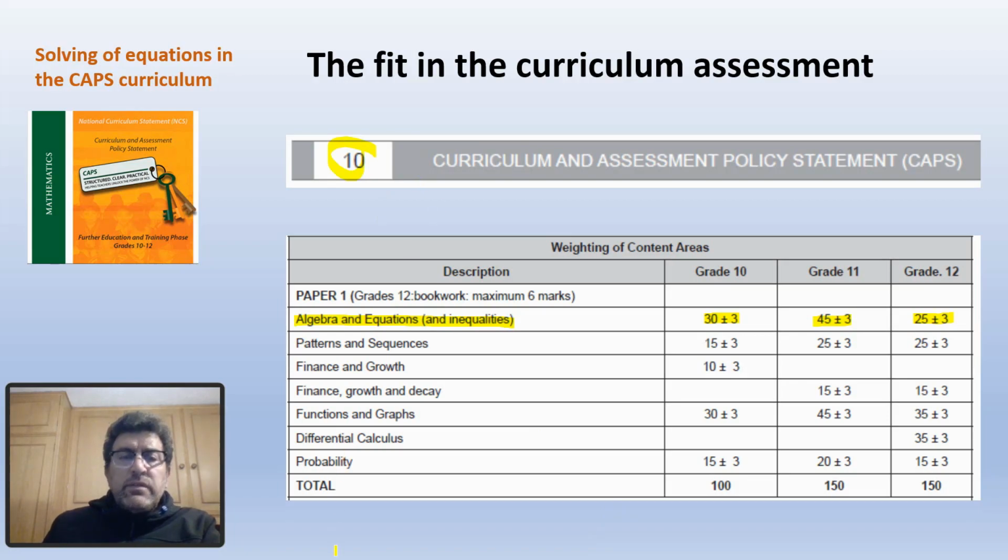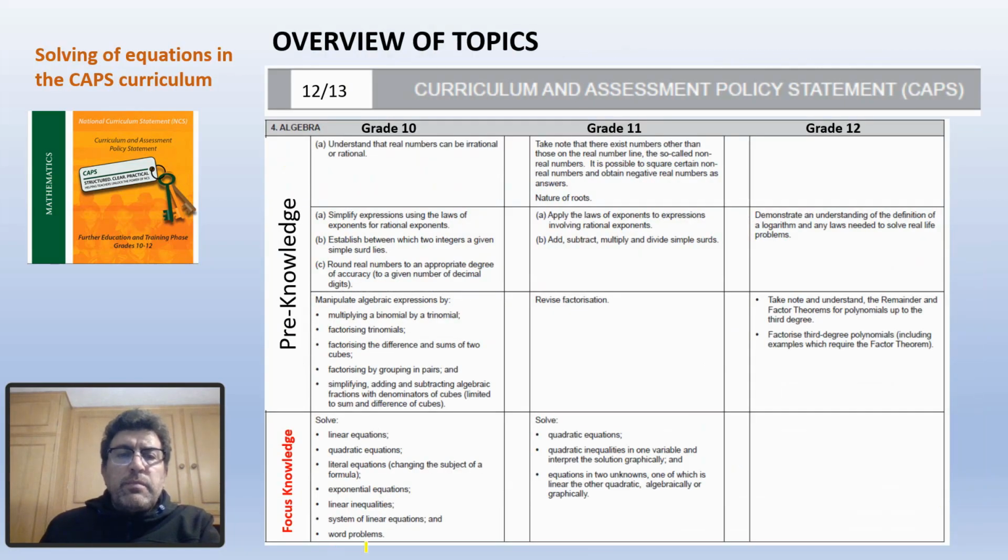If you then go further down the curriculum, you will find something called the overview of topics. That is on page 12 and page 13. Now I decided to include in here the pre-knowledge, what is necessary to know before we can move to the focus, which I call the focus knowledge, and that is the solving of equations.